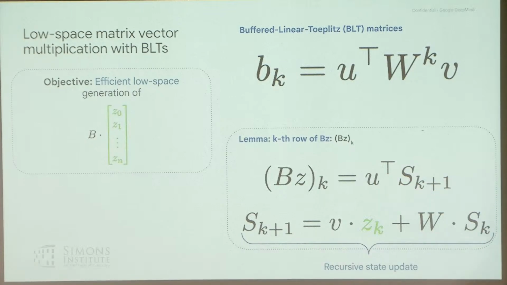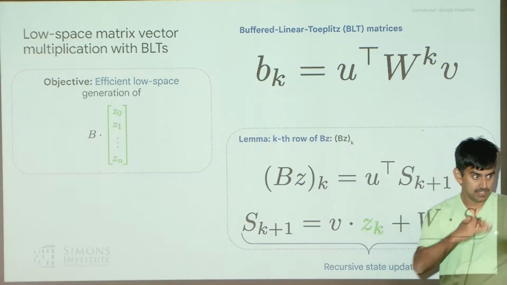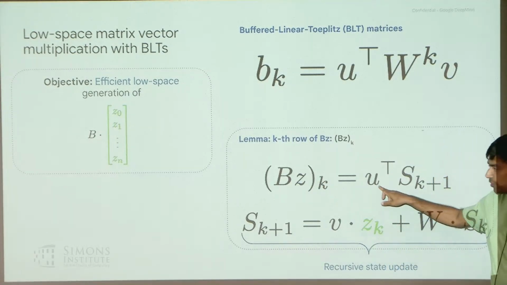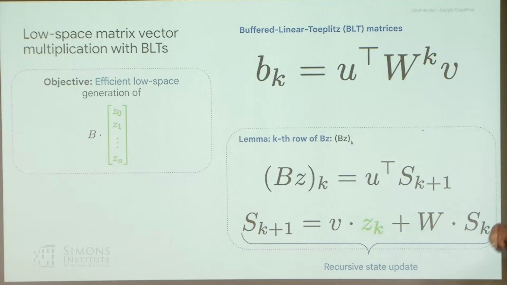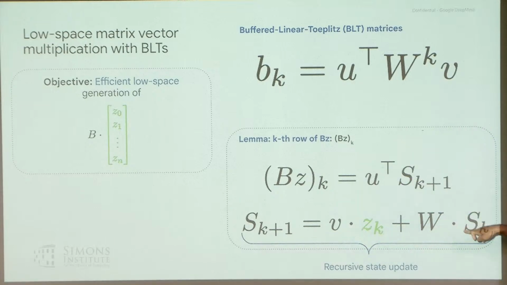I maintain a state, and every time I need to compute the kth entry of B times z, I just project it onto U and output it. And how do I maintain the state? s_(k+1) is V times z_k plus W times s_k. So it's a recurrent state update. You only need to remember the state, and the state is D by 1. Good.